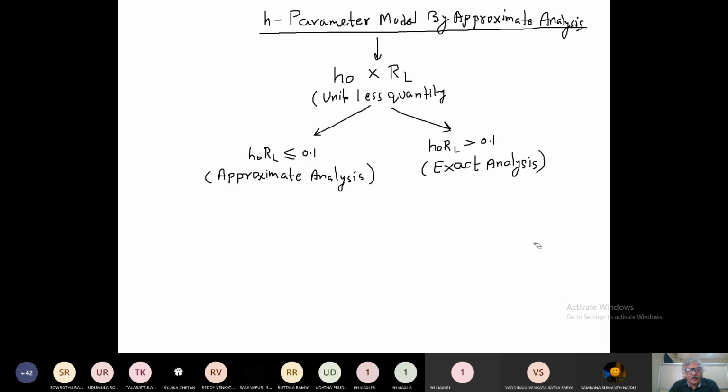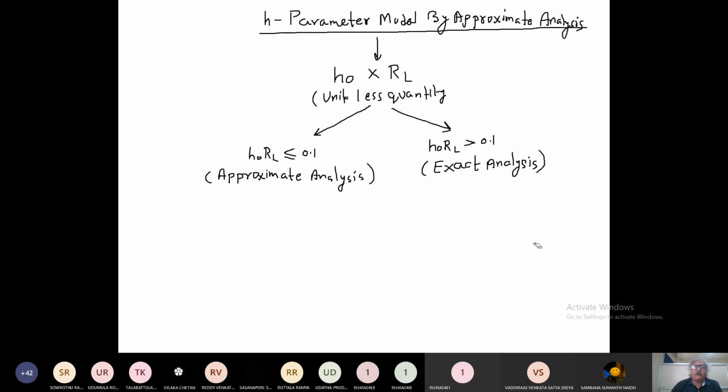If the question already specifies approximate or exact analysis, use that only. But if the choice is open, you can go with the approximate analysis only if HO times RL is less than or equal to 0.1. If it is greater than 0.1, then you have to go with exact analysis.